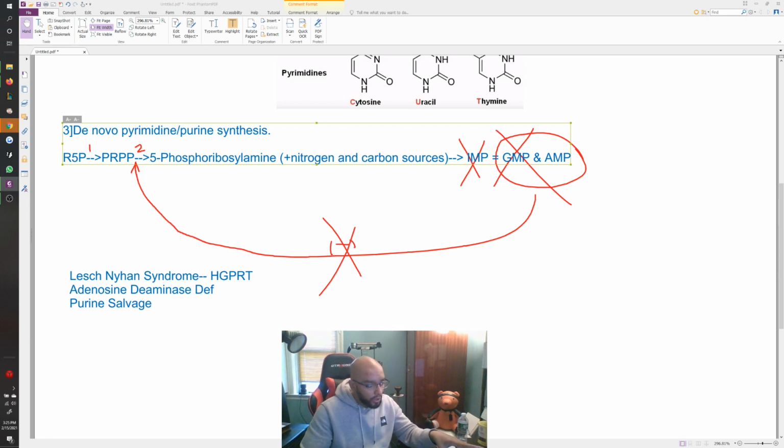But that's really all there is to pyrimidine and purine synthesis, and if you do this correctly, you can make DNA. If you stop any of this, you cannot make DNA. That's really all there is to it. So that's why this is such a high-yield thing, because it's related to cancer, and you can also use this to kill, as you see, bacteria and protozoa, because if you kill their ability to replicate DNA, they'll die. Right? So that's where the trimethoprim and pyrimethamine are coming in.